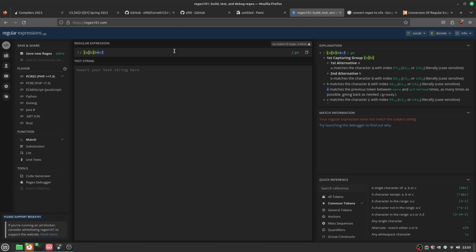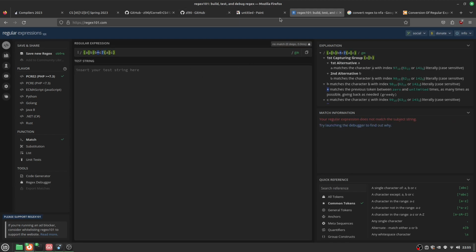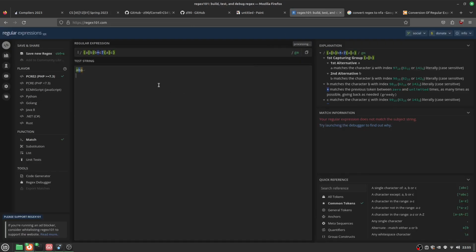Oh, man. A or C. So, it says this takes ABA. Match 1, ABA.